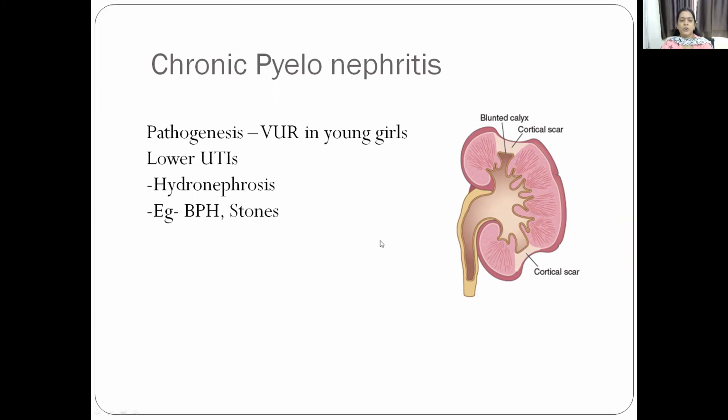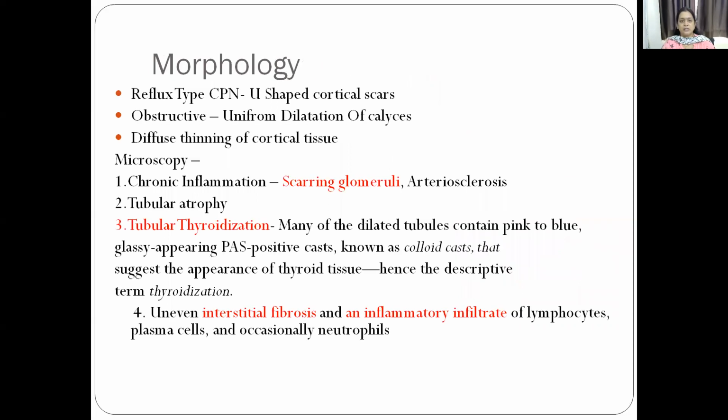Okay, because of this, chronic pyelonephritis is usually associated with hydronephrosis because of an obstruction like a stone or benign prostate hyperplasia, right? So whenever there is a stone or hyperplasia obstructing the lumen, the pressure in the ureter will increase.